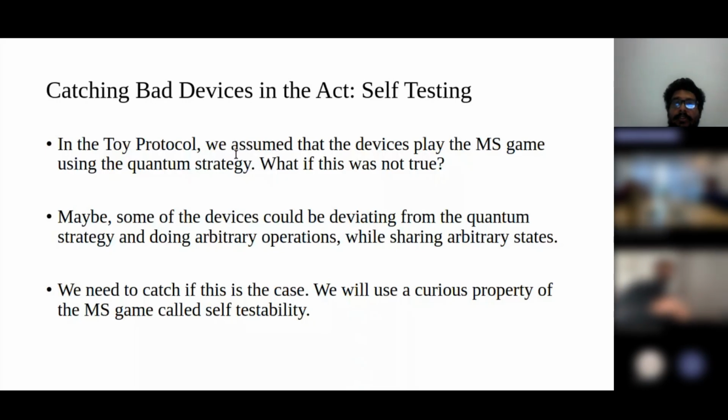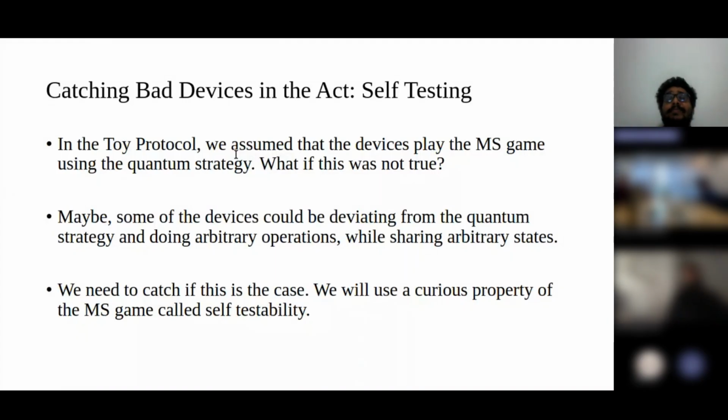But given that assumption, you can select a random subset of the devices and check how many of those devices are winning the Magic Square game. That will give you an estimate as to how many of the devices are actually good. Because you selected a random subset, that subset is going to be pretty representative of the other devices.